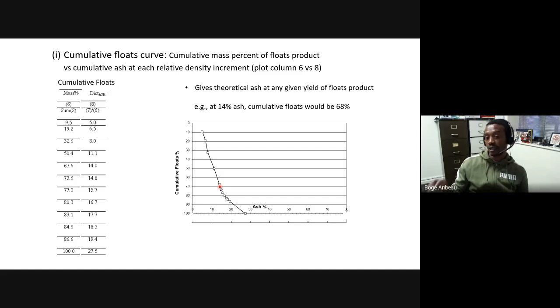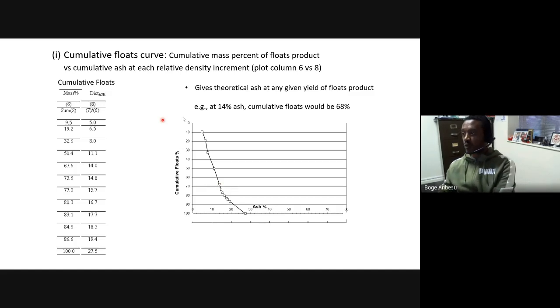But regardless, at least the cumulative loss curve or this washability curve is making you decide what to do with your scenario. Okay, so this is a very important consideration, and that's why you need to make various decisions in terms of what you have in the ore, in terms of the potential of separation from a sink and float test, and in terms of the product quality you can make, and then you can negotiate the prices and things like that accordingly. Okay, so then I know now my recovery or my losses in coal.